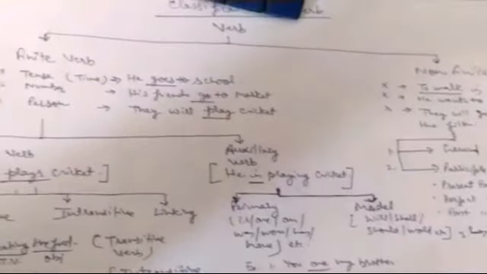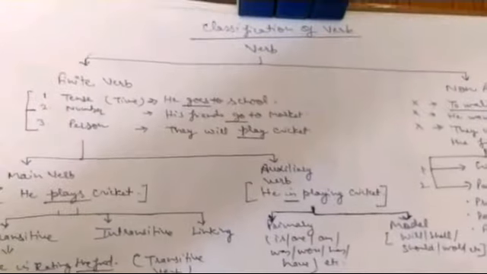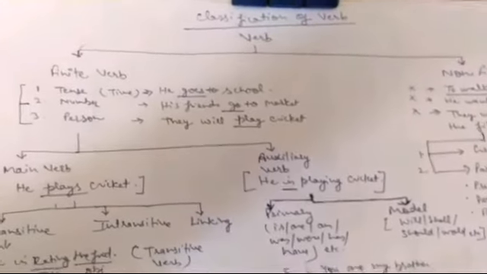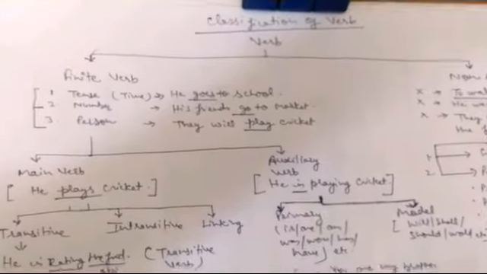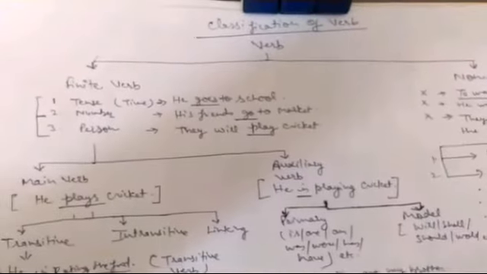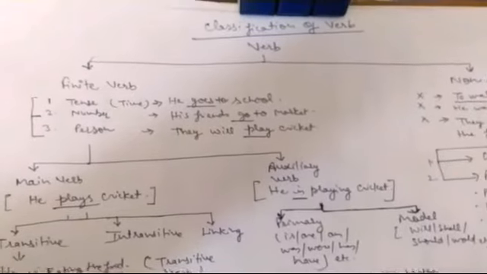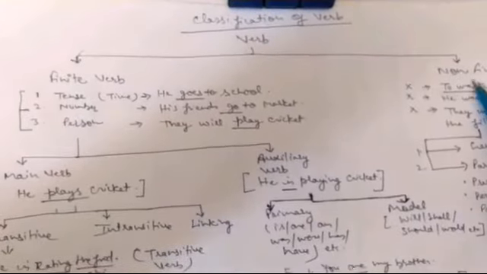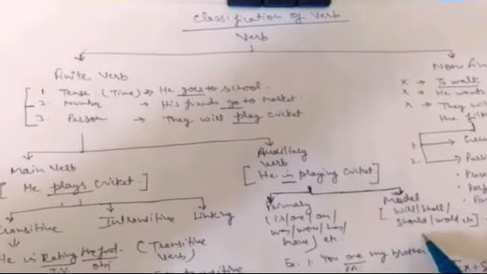Okay, so this is all about the non-finite verb. So this is all about the classification of verb. Briefly, I tried to let you know about the classification of verb, but in upcoming chapters I will discuss in detail the non-finite verb and the modal auxiliary verbs.